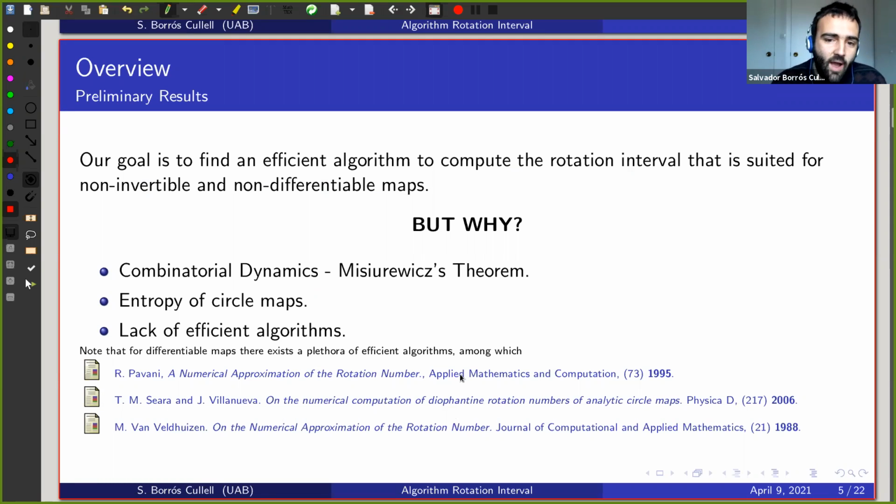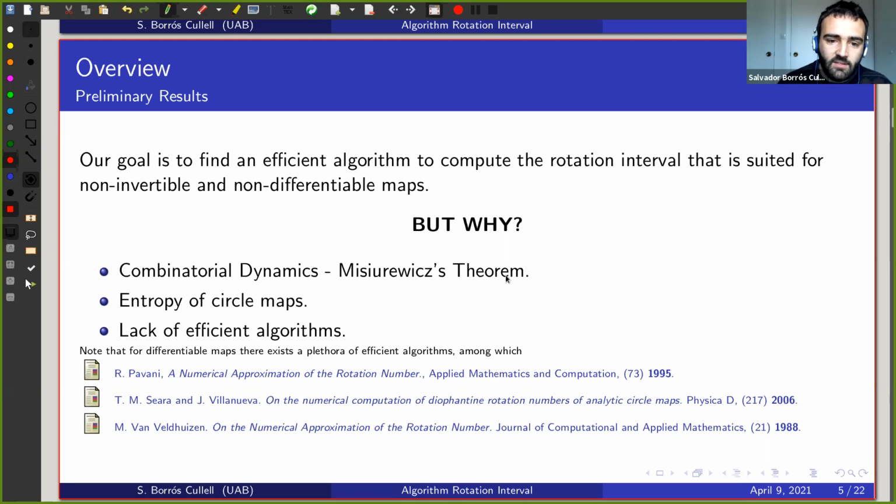And the question is why? Well, first, we're mathematicians, we like problems, and there exist plenty of algorithms to compute rotation numbers and intervals for differentiable maps, but the general case is a bit forgotten. And also, at least what I'm more familiar with, there is some theoretical importance to it as well.